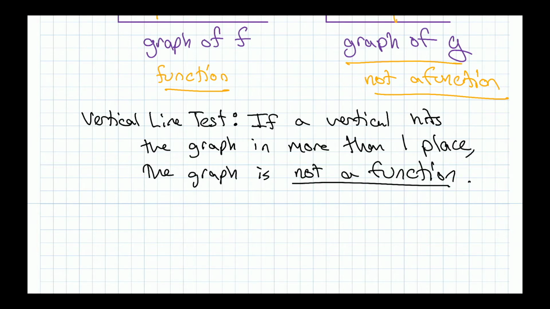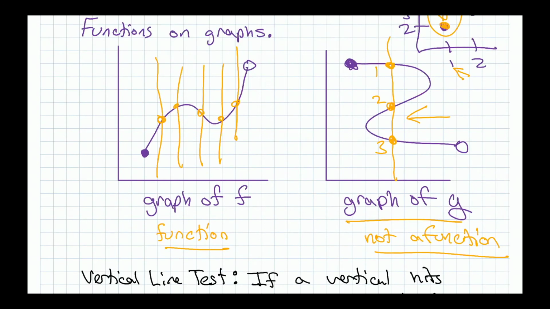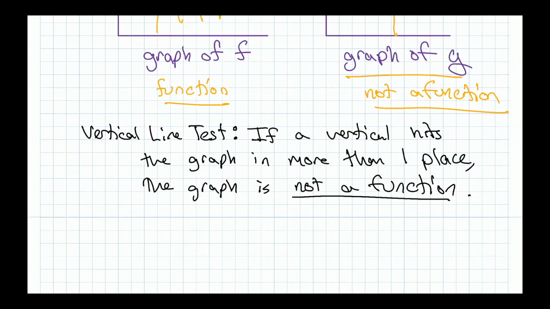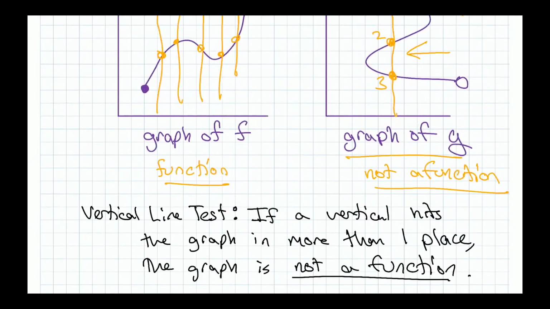Okay, so that's the vertical line test. So the second graph here, G, fails, and the first graph passes, right? So second graph not a function because a vertical line hits in more than one place. All right, and that's some of the stuff you need to know about functions.